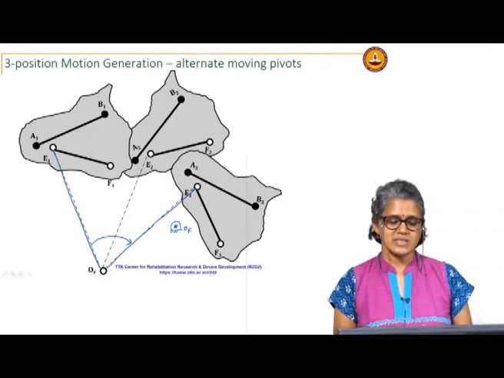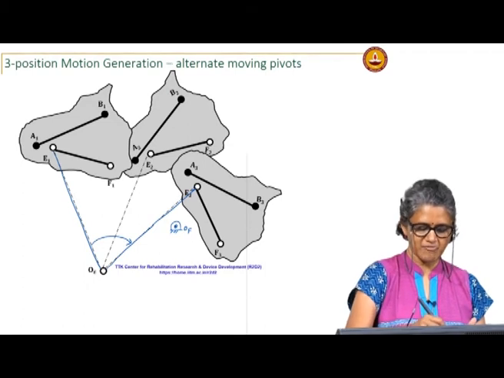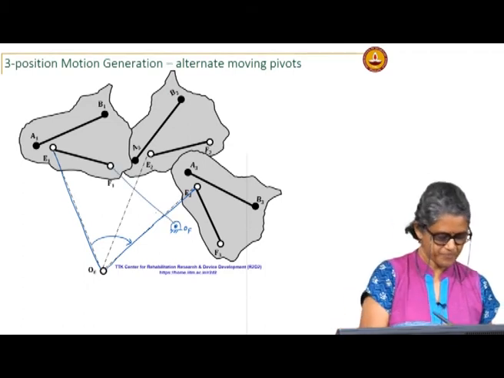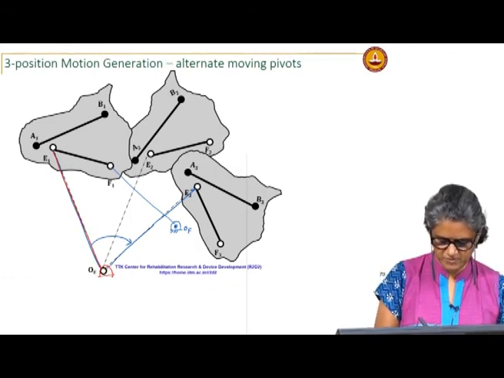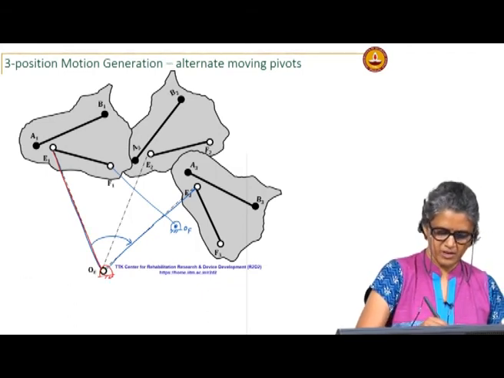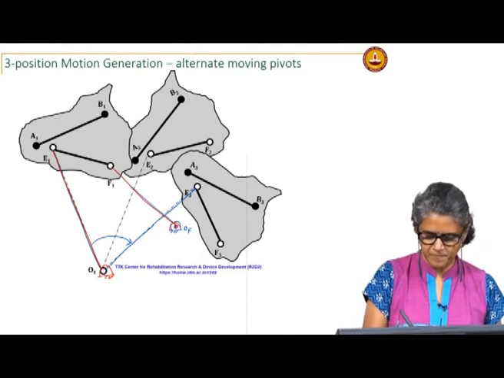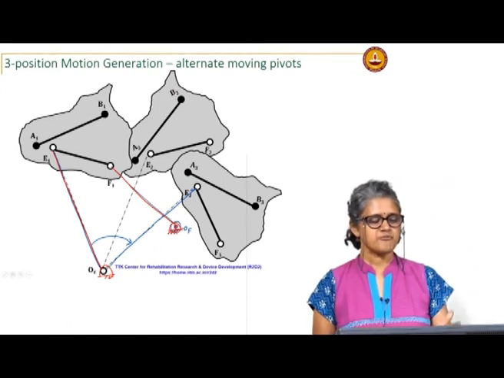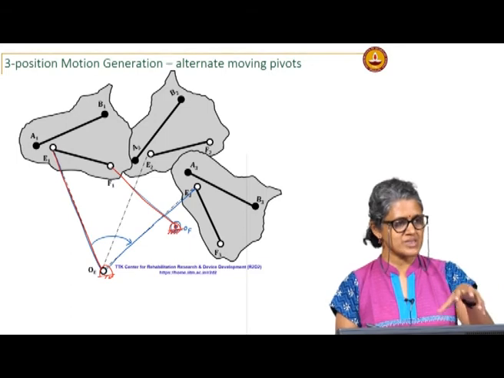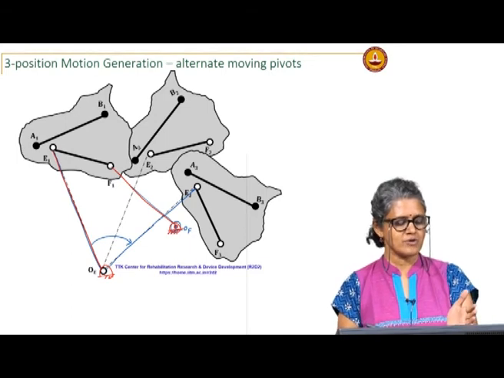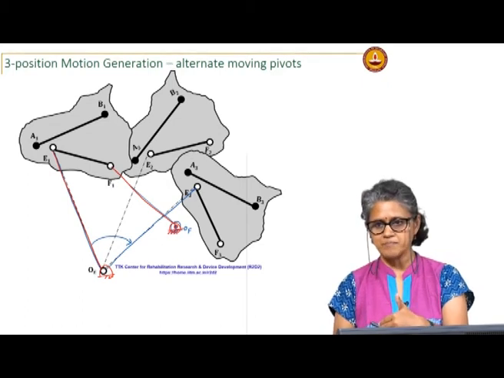So I can say that this linkage OE E1 F1 OF, so this is my fixed pivot OE, E1 F1, OF. This 4 bar is capable of moving this rigid body through the required positions A1 B1, A2 B2 and A3 B3.